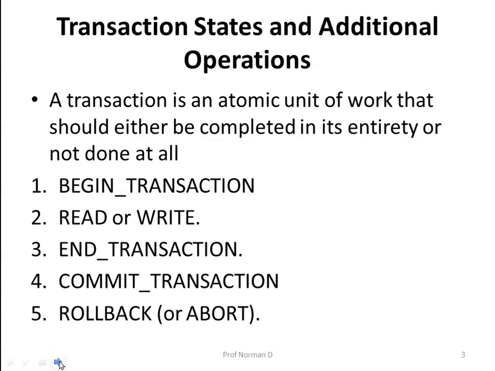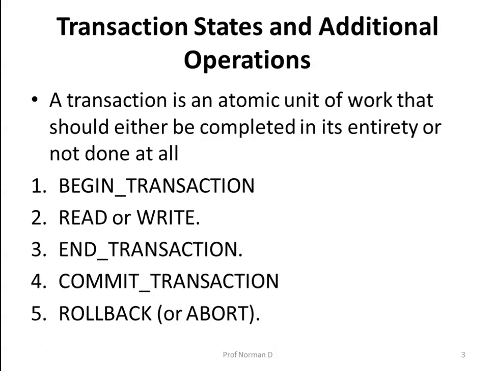Transaction states and additional operations. So basically a transaction is an atomic unit of work that should either be completed or not completed at all. So either it is 0 or it is 1. For recovery purposes, the system needs to keep track of when each transaction starts, terminates, and commits or aborts.